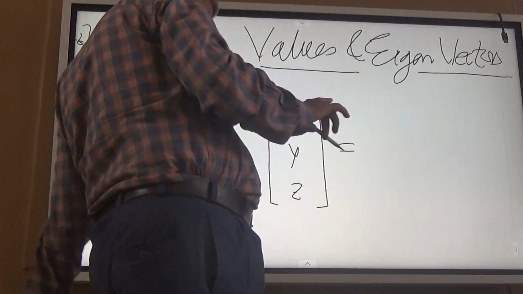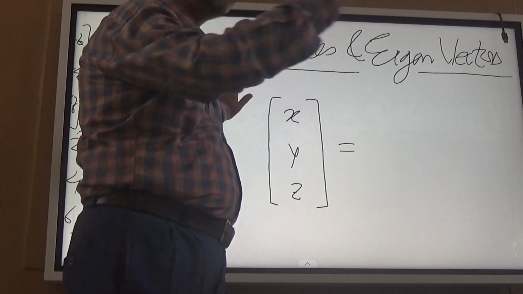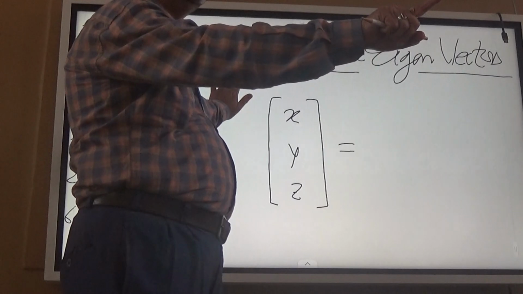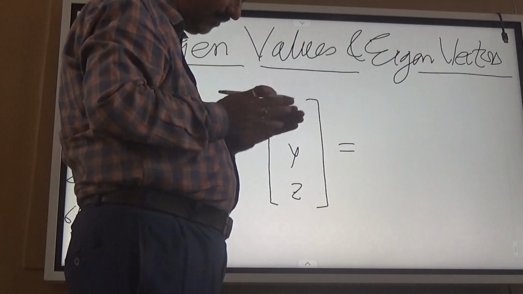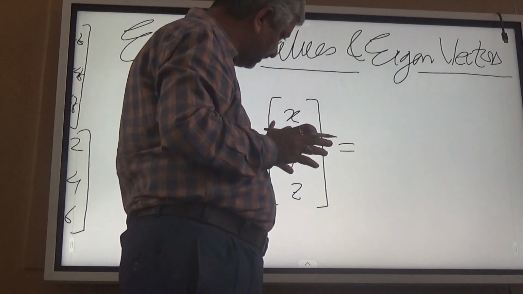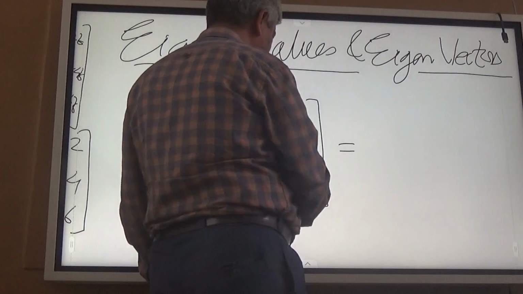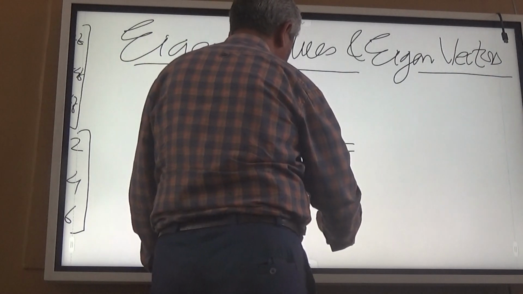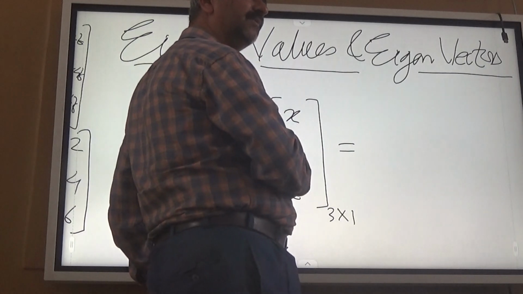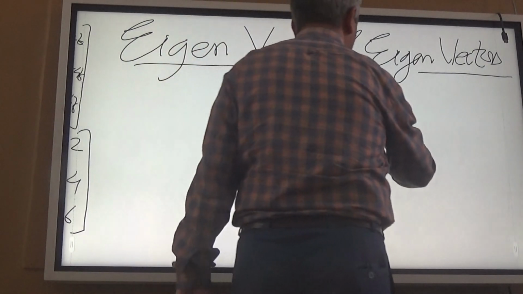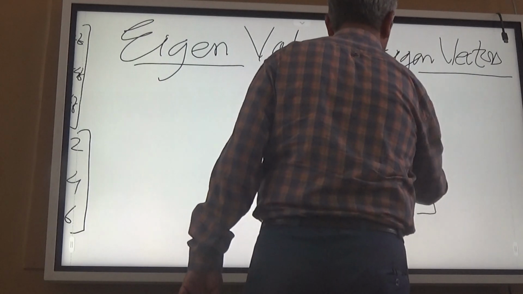A vector when operated upon means, this vector, how many rows are there? 3 rows. How many columns? 1 column. Right? The result is its scalar multiple.